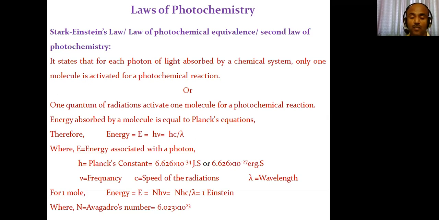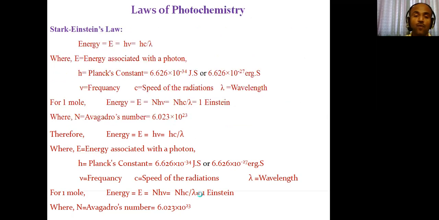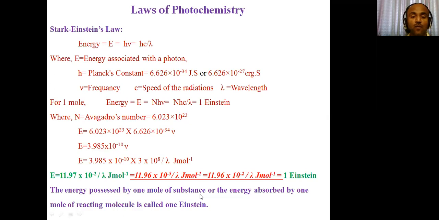Now putting all these values in the equation N hc upon lambda, we can calculate the value of 1 Einstein. Only lambda is not known here. N, Avogadro's number, is known, h, Planck's constant, is also known, and c, the speed of light, is also known.